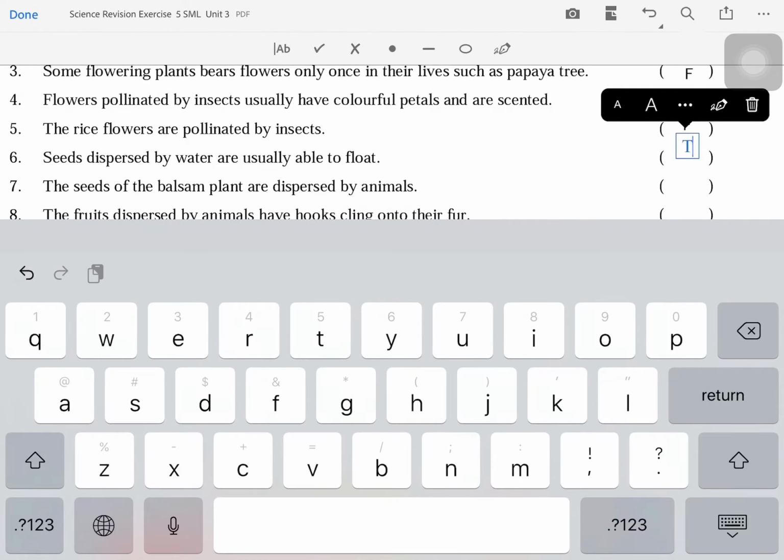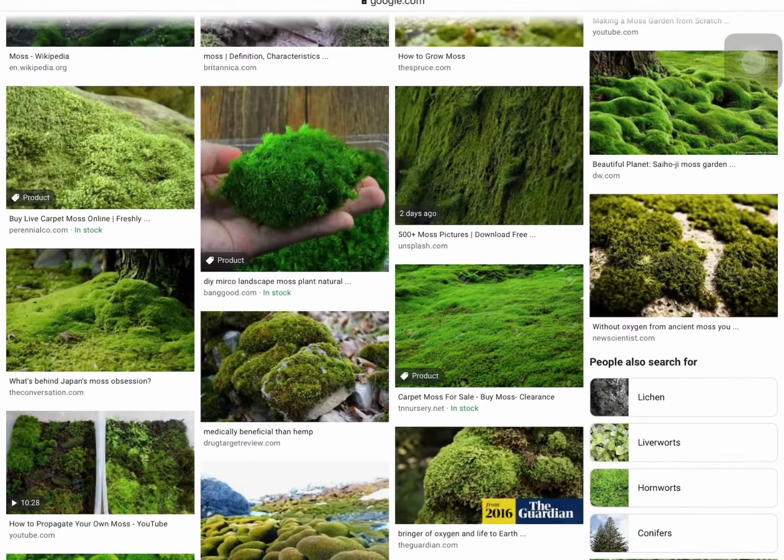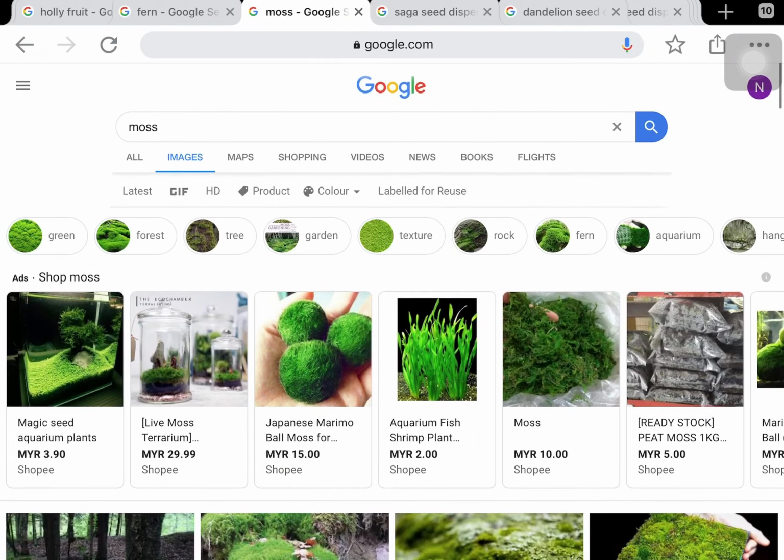Okay, they float because they need to find more ground so that they can grow their roots in. Now, question number 7. The seeds of a balsam plant are dispersed by animals. Okay, so is it dispersed by animals? Okay, let us look at what is a balsam plant.